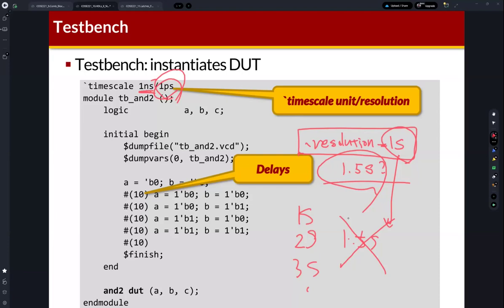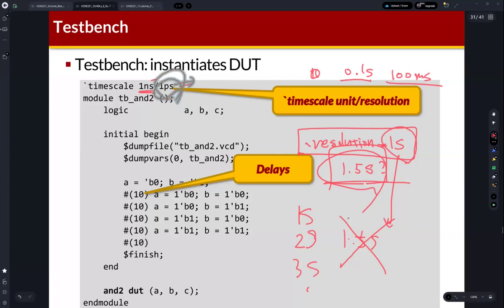So in order to use 1.5 seconds, we need to set this time scale to 0.1 second or 100 milliseconds. So resolution just represents the minimum resolution that can be used in this SystemVerilog module.